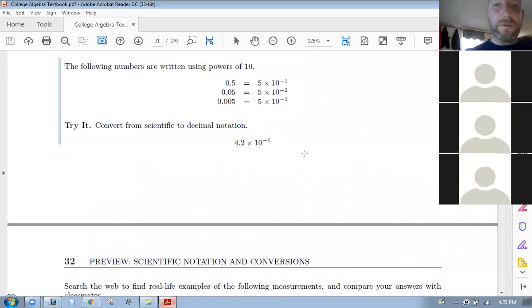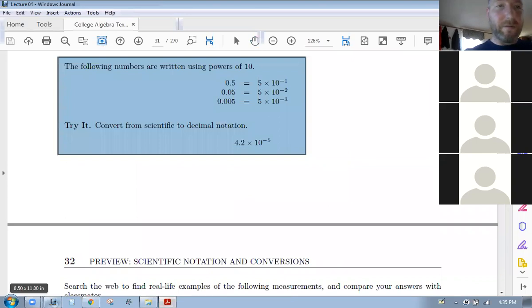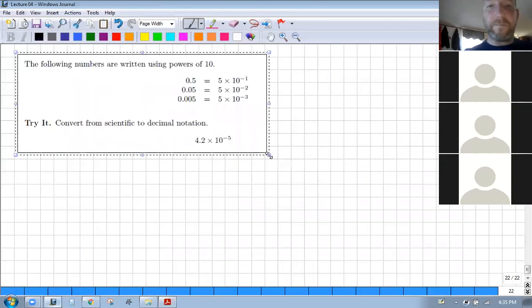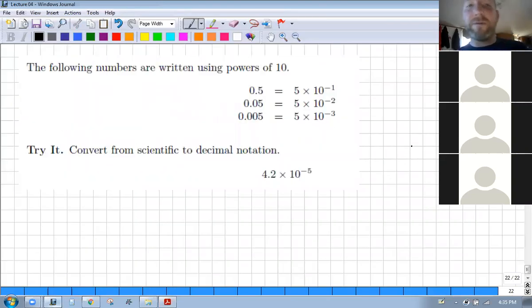Here's some examples. So the following numbers are written using powers of 10. 0.5, that's 5 times 10 to the negative 1. So notice this 10 to the negative 1, you're dividing by 10. That's saying take the decimal and move it to the left 1. You get 0.05. This one says move it to the left 2.